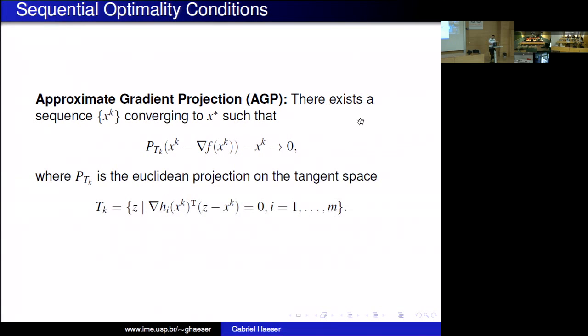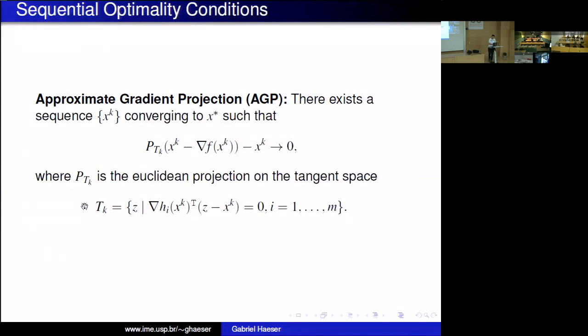This condition says that there exists a sequence xk converging to x star such that this condition holds. So we have the gradient of the function evaluated at xk, you subtract it from xk, and you project it on this set tk. When you compute this, this should go to zero.